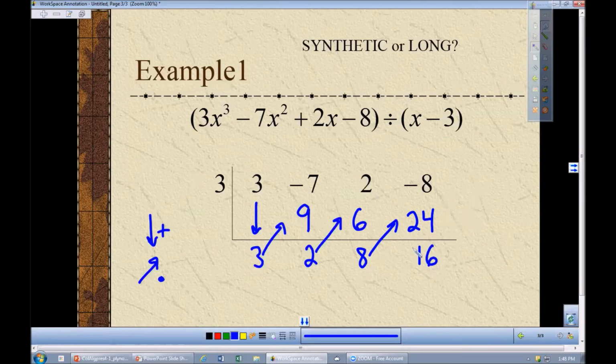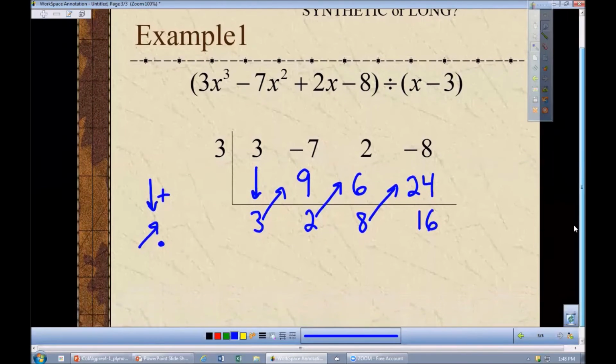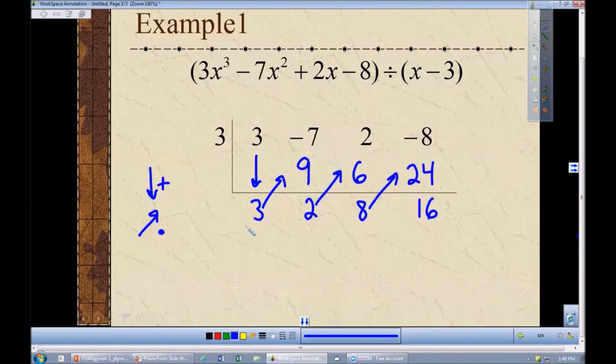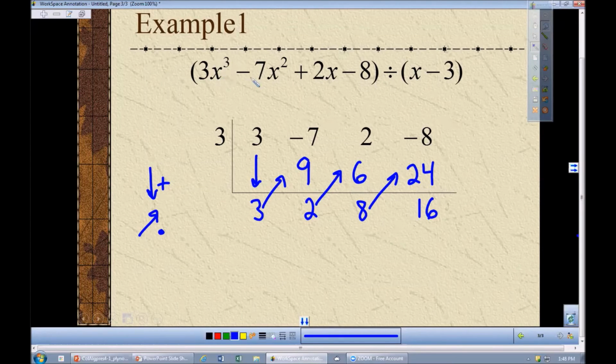I guess I'm done with this problem, except I need to write what the quotient is. I'm going to take these numbers here, the 3, the 2, the 8, and I'm going to start writing a polynomial. I need to drop my polynomial 1 degree down. So when I divide a cubic function by a linear function, I should drop down to a quadratic function, that is an x squared function.